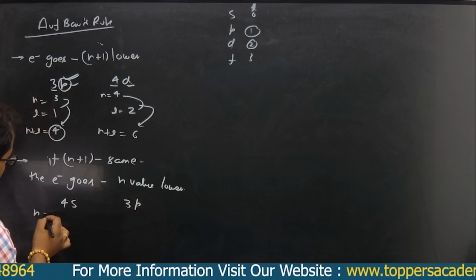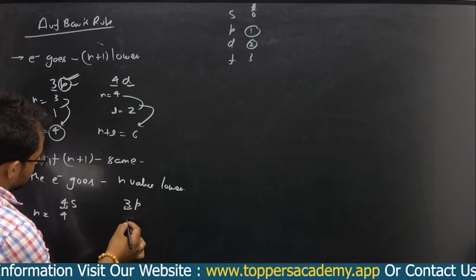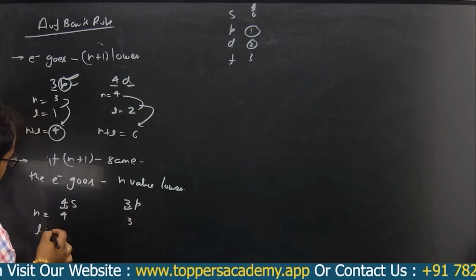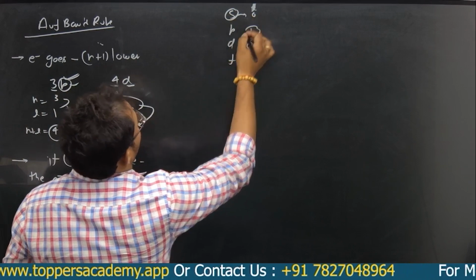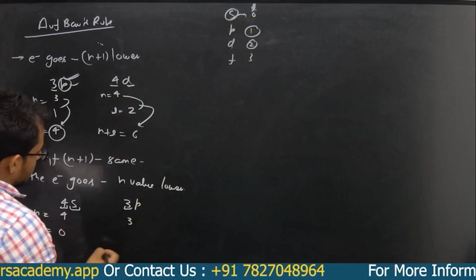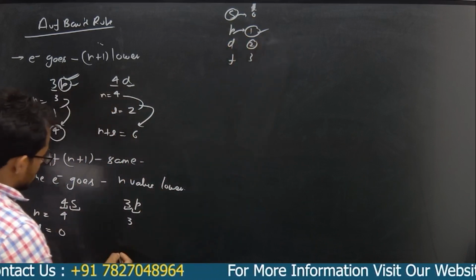The value of n is 4 for 4s and 3 for 3p. For an s subshell the value of L is 0, for a p subshell the value of L is 1.